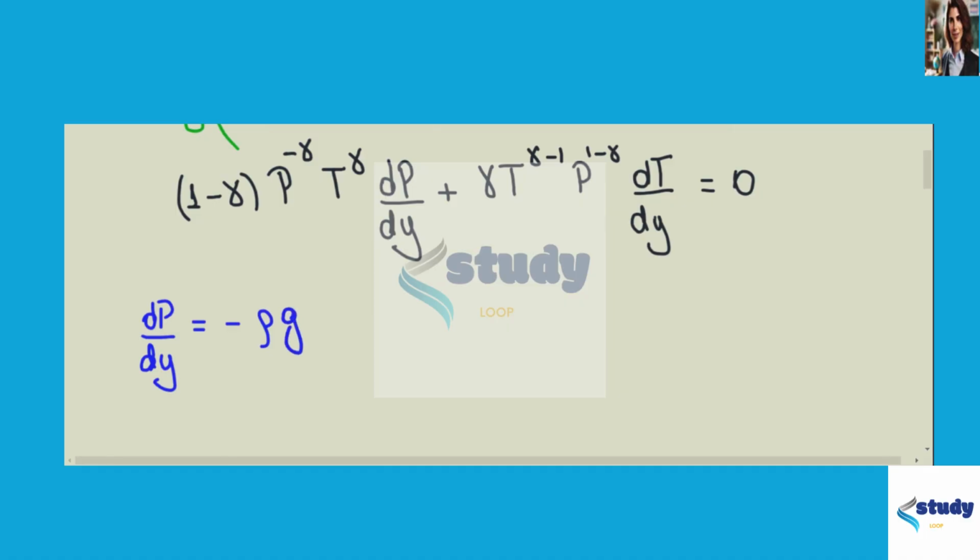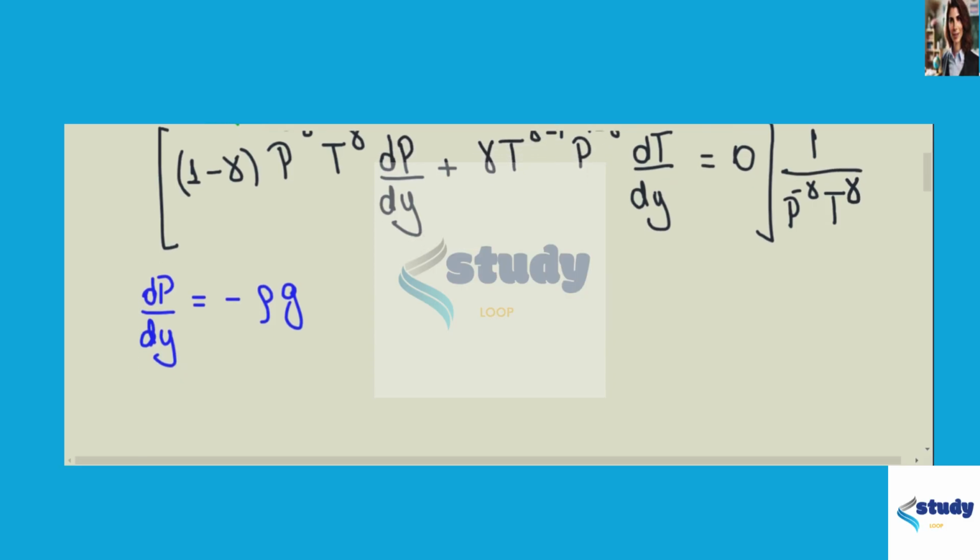Then I'm going to use that dP dy is equal to minus rho g, and also I'm going to divide both sides by P to the minus gamma times T to the gamma.